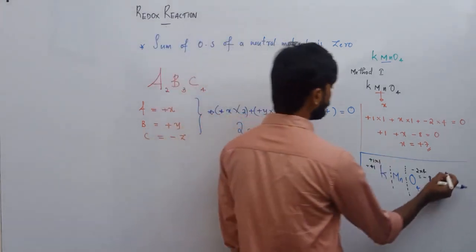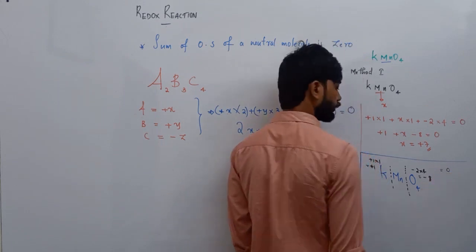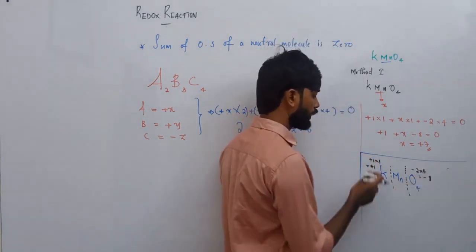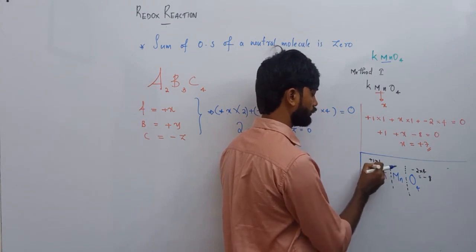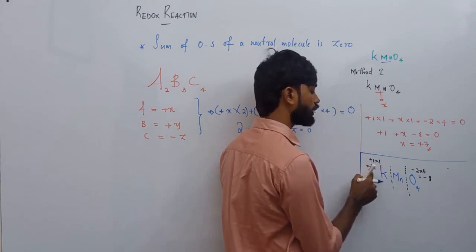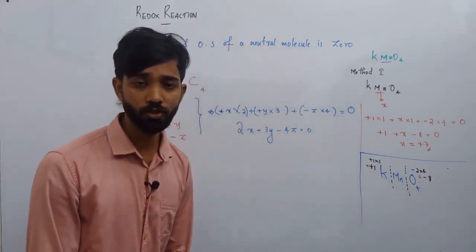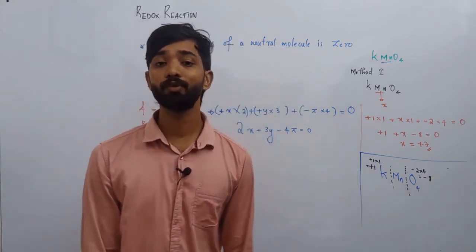In order to make the whole 0, think like this: here +1 and -8, so the net difference is -7.